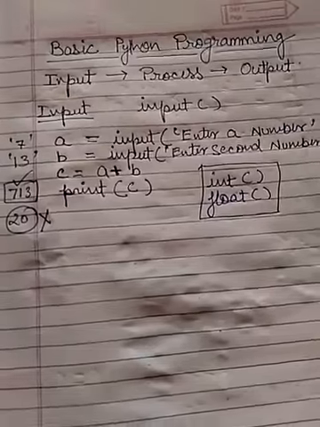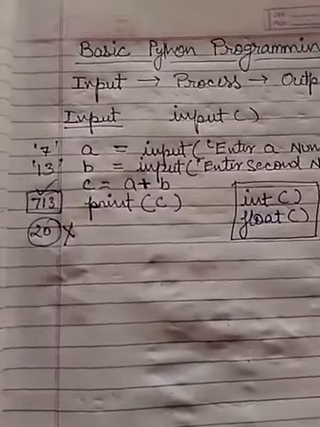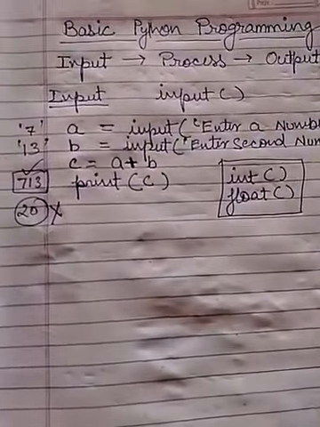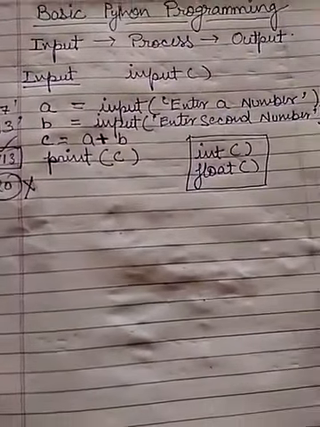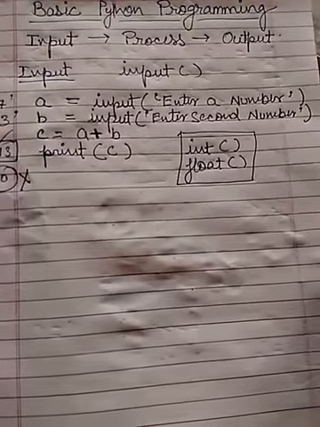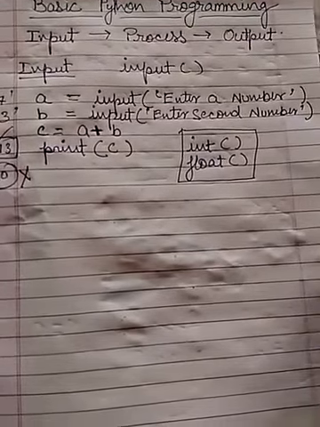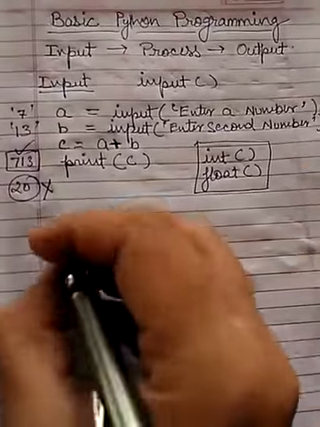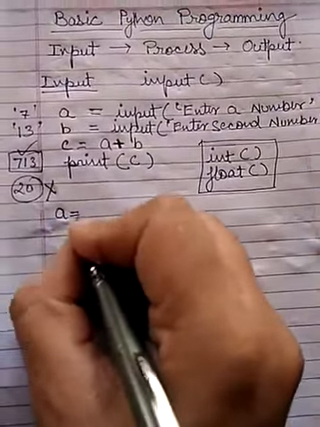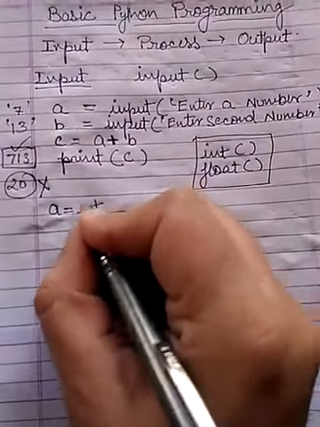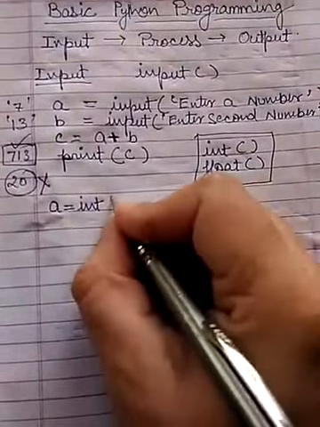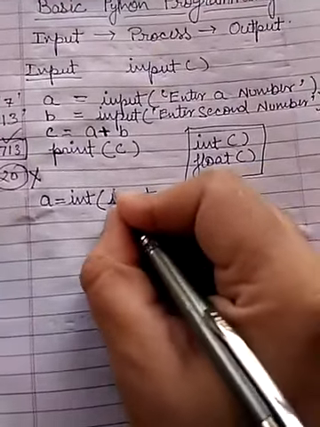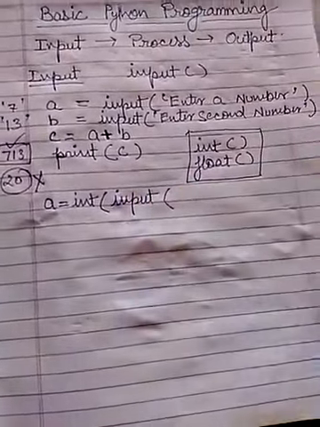For example, now I am doing this question in which I want to add the values instead of concatenating them, because plus behaves as concatenation with strings and plus behaves as addition with integer values. So I have to do like this: a equal to int, I am using this built-in function, then the function starts. Now I am writing the command for input, then input starts.